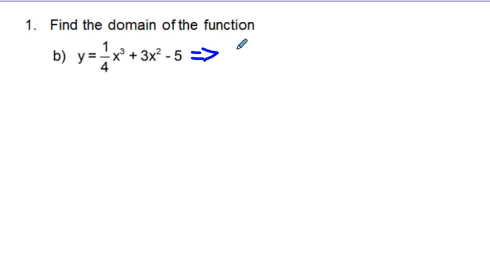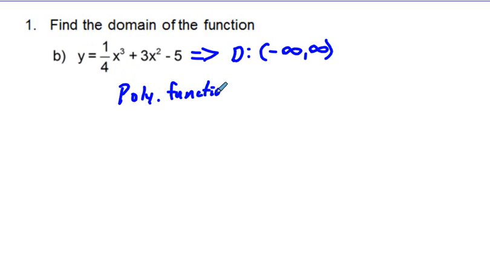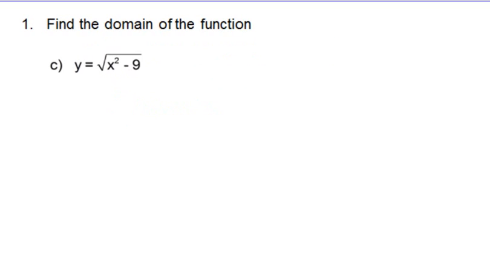So we would write the domain in interval notation as negative infinity, comma, infinity, and that would be it. Polynomial function, all real numbers. That should be helpful to us.